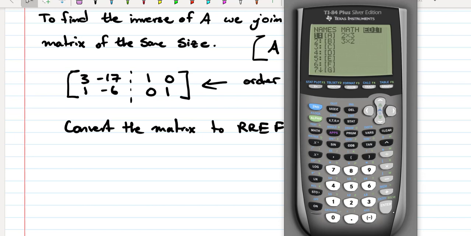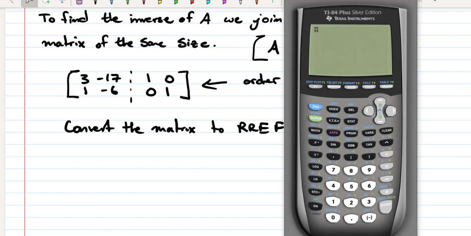And it is a 2 by 4 matrix, so we go 2 by 4, and we have 3, negative 17, 1 and 0, and 1, negative 6, 0 and 1.